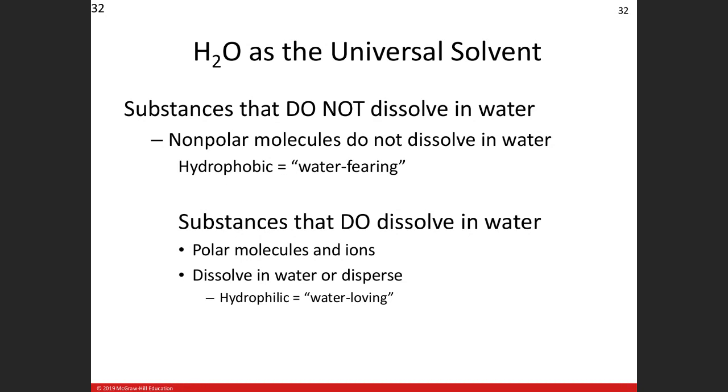First of all, water is considered to be the universal solvent, and a solvent is the actual solution into which substances will dissolve, if they can. I liken it to, at my house, I'm the person who washes dishes from time to time, and I have been known to soak pots and pans.